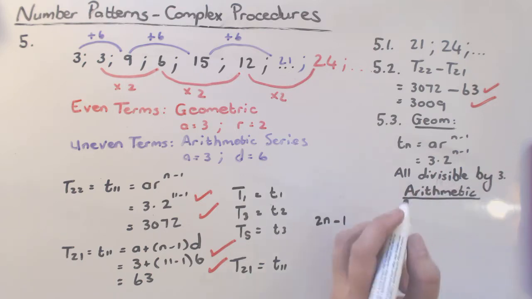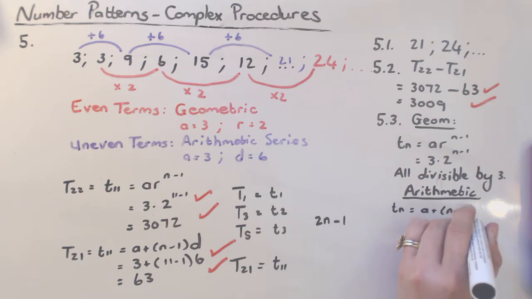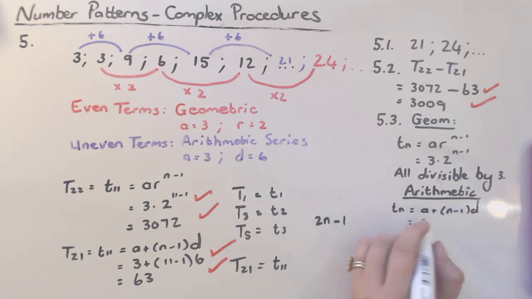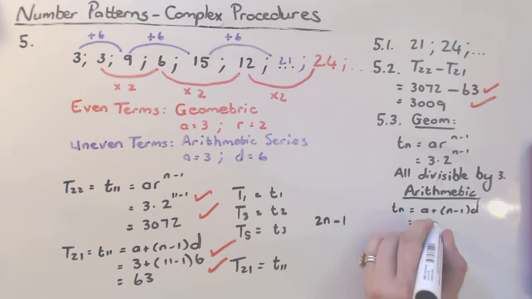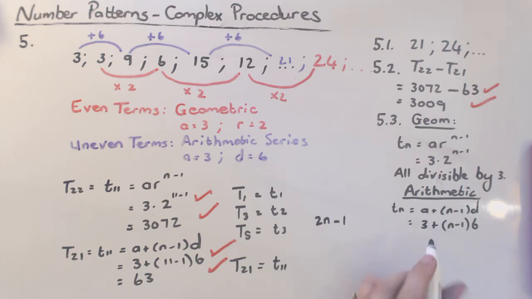And my arithmetic series, let's see if I can write this as a product of 3 also, will be a plus n minus 1 d, where my a is 3 and n minus 1 times 6, my d value is 6. So if I simplify this a bit, this is 6n minus 6, so 3 minus 6 is minus 3, and then I can write this as a product of 3: 3 times 2n gives me 6n.